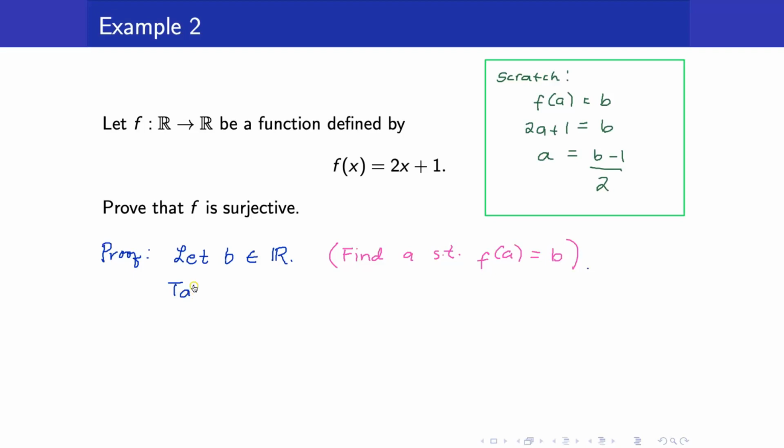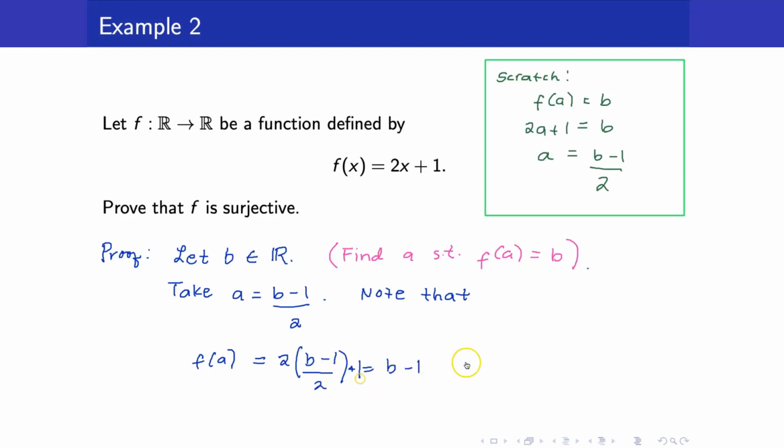You can now say, take a to be equal to b minus 1 all over 2, and then show that this is really true, that f of a is equal to b. Note that f of a, which is equal to 2 times b minus 1 all over 2, plus 1, is equal to b minus 1 plus 1, which is equal to b. So that's it. We were able to show that a is really the pre-image of b.